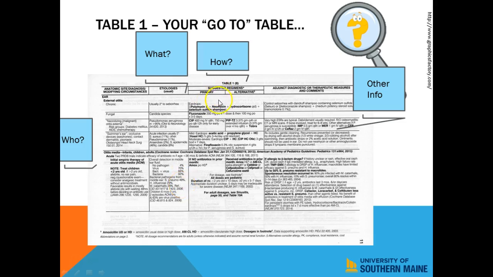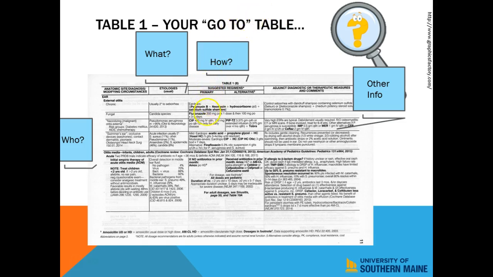In the third column, we see the suggested regimens, and you will see that this column is then subdivided into primary regimens or alternative regimens. In some cases, there is no separation of the columns because the recommendations are basically pretty straightforward, and there are no alternatives.